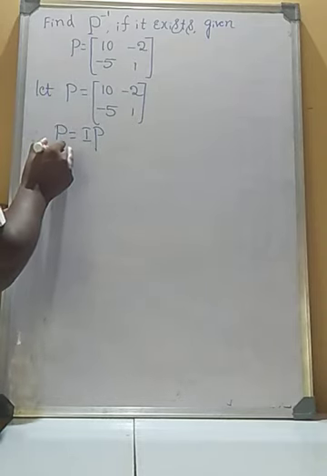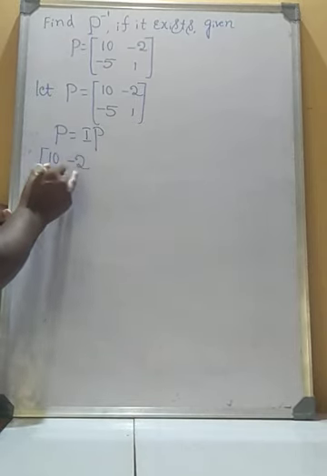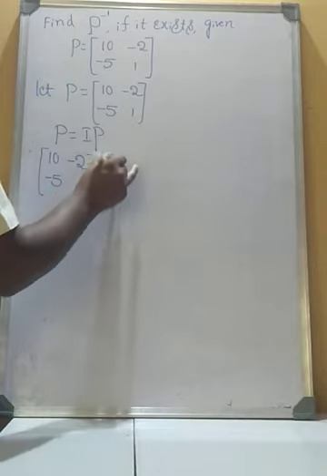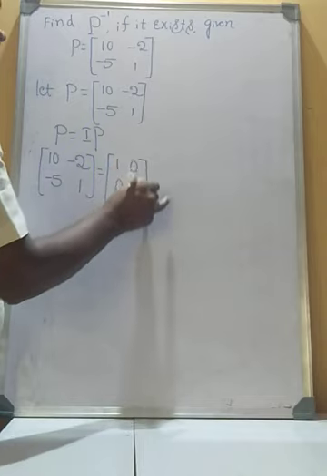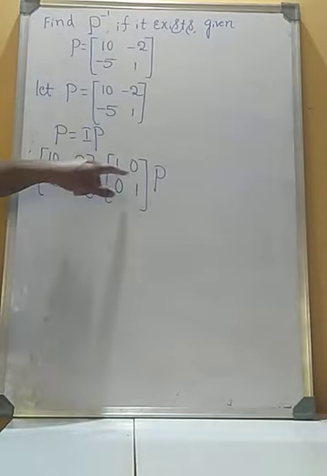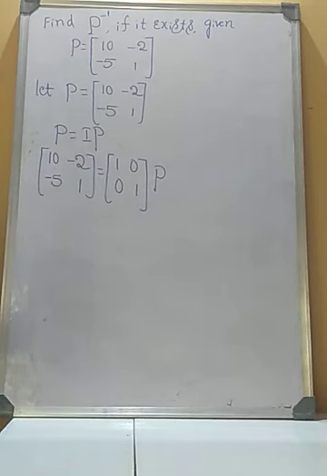Matrix elements equals identity matrix 1 0 0 1 into P. Same 1 0 0 1 on the right hand side.